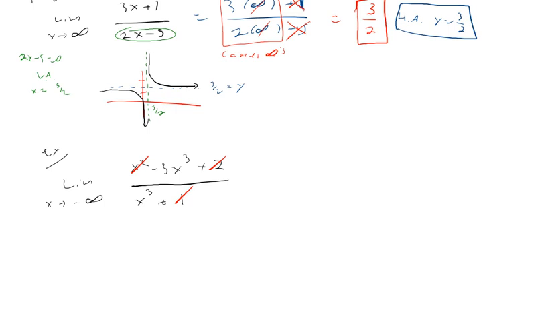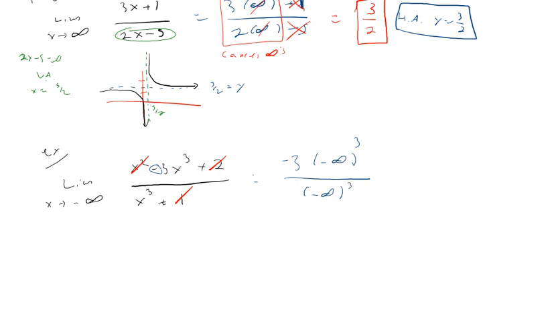So now I imagine plugging in negative infinity. So what's this going to be? If I imagine this is negative 3 times negative infinity cubed over negative infinity cubed. What do I have here?